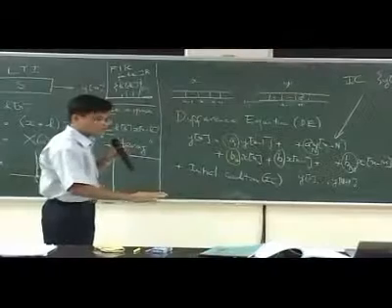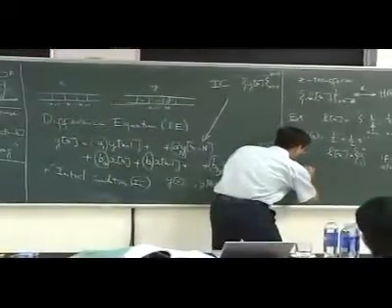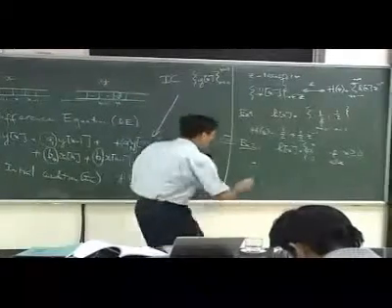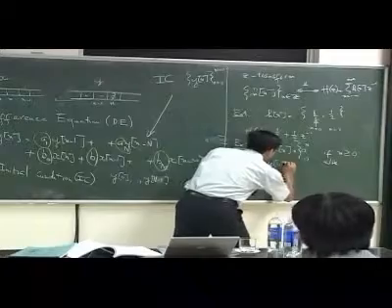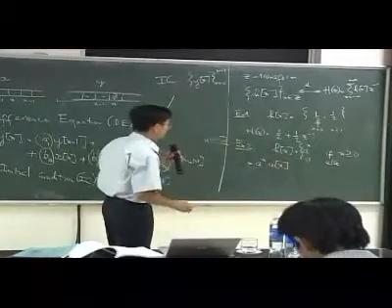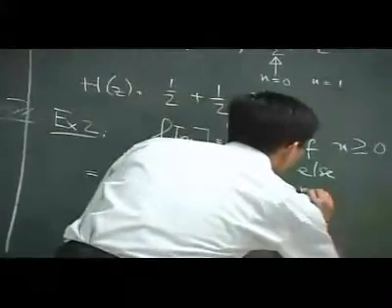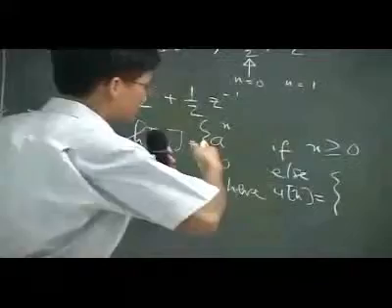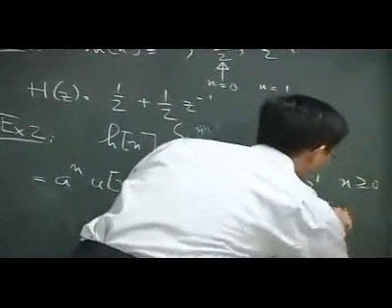Okay, the Z transform of this. By the way, I can write this signal in a more compact form. It is equal to a to the power of n times u(n), where u(n) is simply the so-called unit step signal, equal to 1 when n is bigger than or equal to 0, and 0 else.